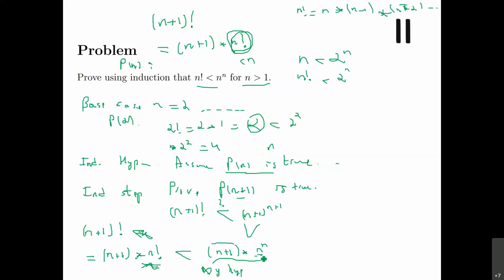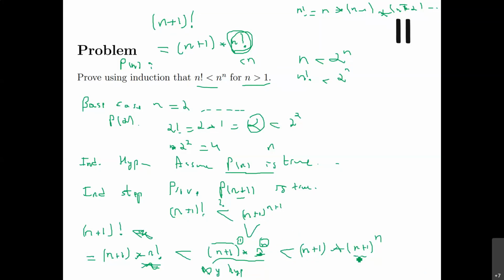If only this was n plus 1 too, then you can add the powers and you're done. Well, is that true? Can we say that this is less than n plus 1 times n plus 1 power n? Like, is it true? Can I add a 1 to this n inside here?